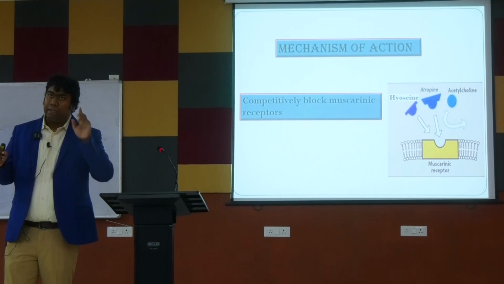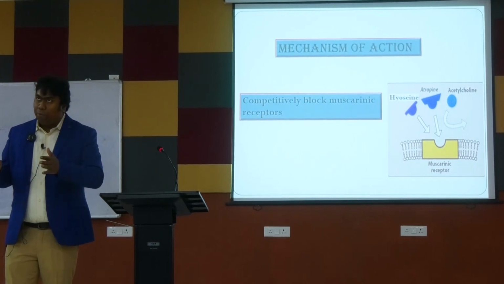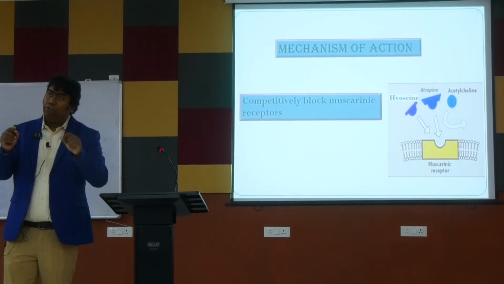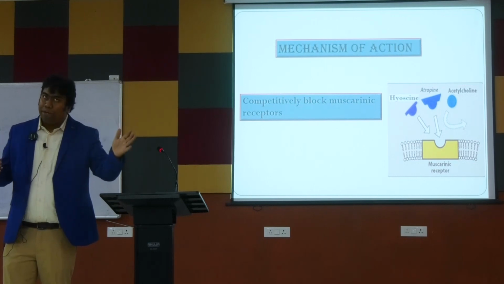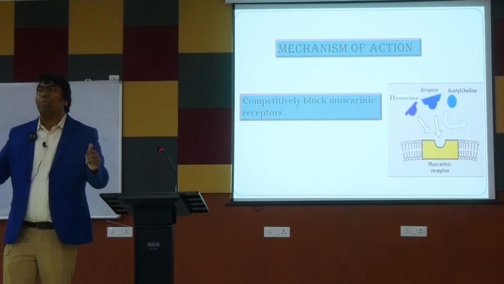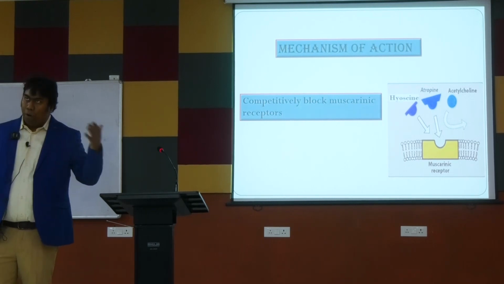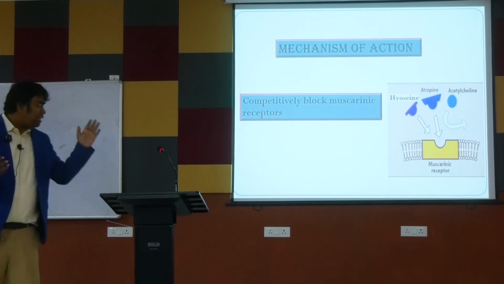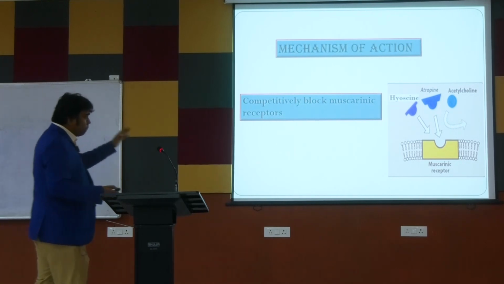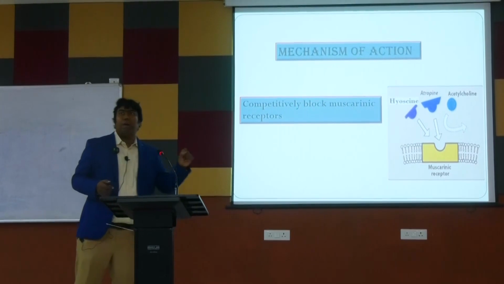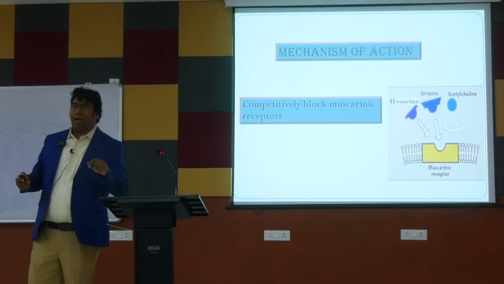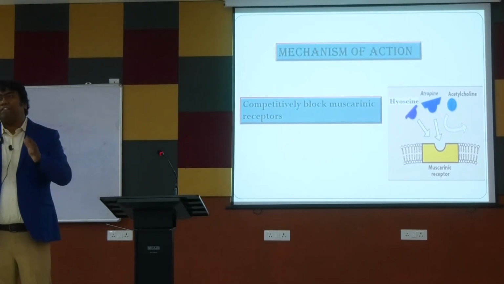That is the important thing: for competitive, same site; for non-competitive, different site, but the same receptor. Structurally they are similar in the case of competitive. They bind the receptor at the same site where acetylcholine binds, so it is difficult for acetylcholine to access that receptor.